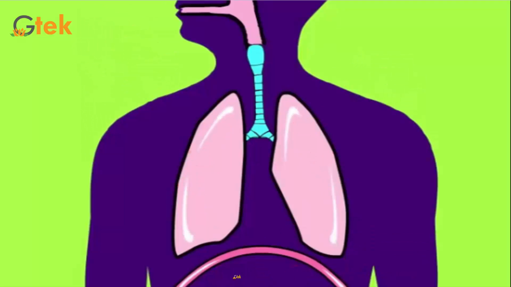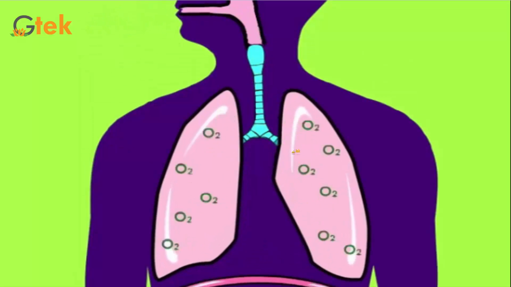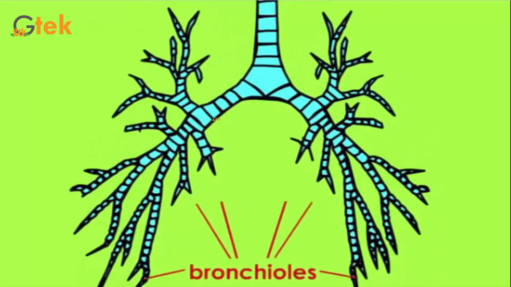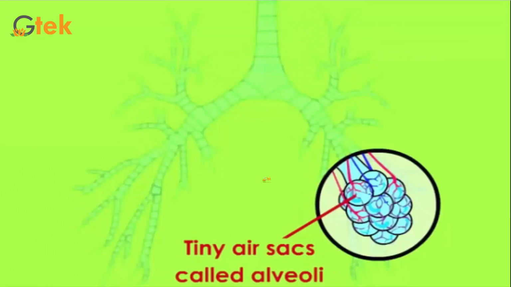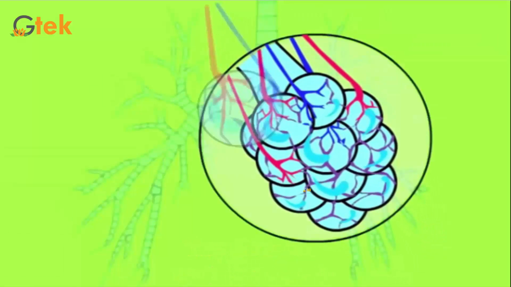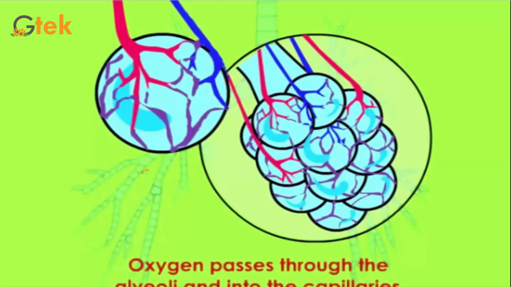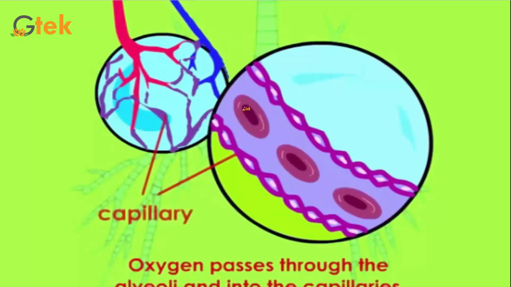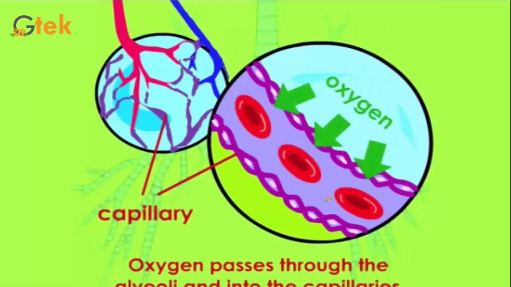You can see here how the oxygen is getting into the lungs. Inside the lungs, it contains the bronchioles. Here you can see the tiny air sacs. The oxygen passes through the alveoli and into the capillaries. You can see this is the capillary and this is the oxygen.